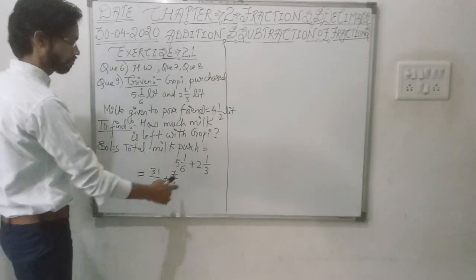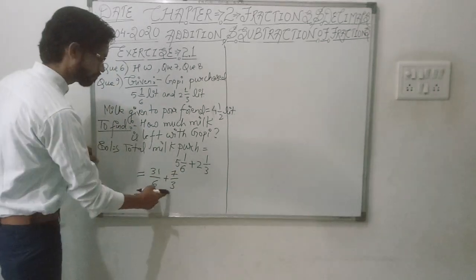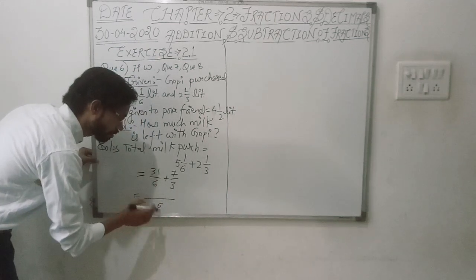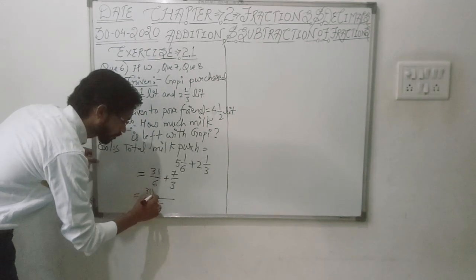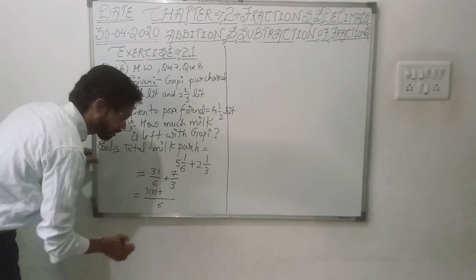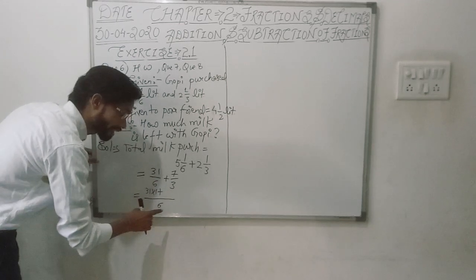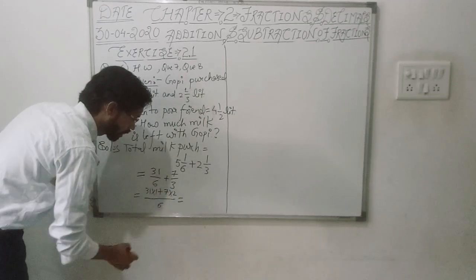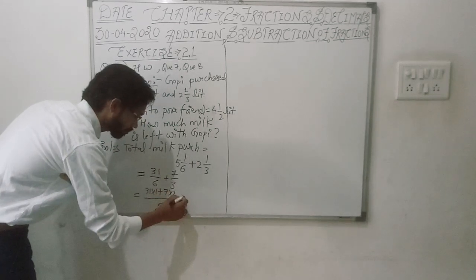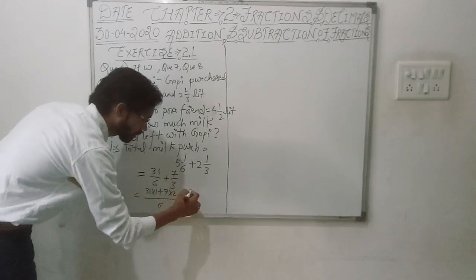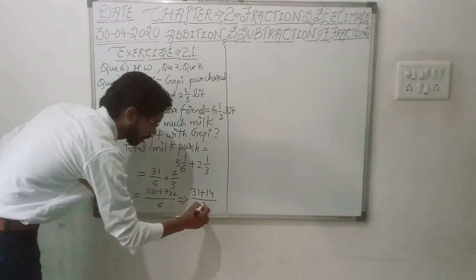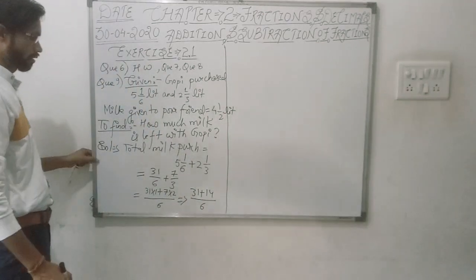Now LCM of 3 and 6 will be 6 itself. 6 ones are 6, 1 will be multiplied outside, so 31 into 1 plus 3 2s are 6, 2 multiplied by 7. This will become 31 ones are 31 plus 7 2s are 14 upon 6.